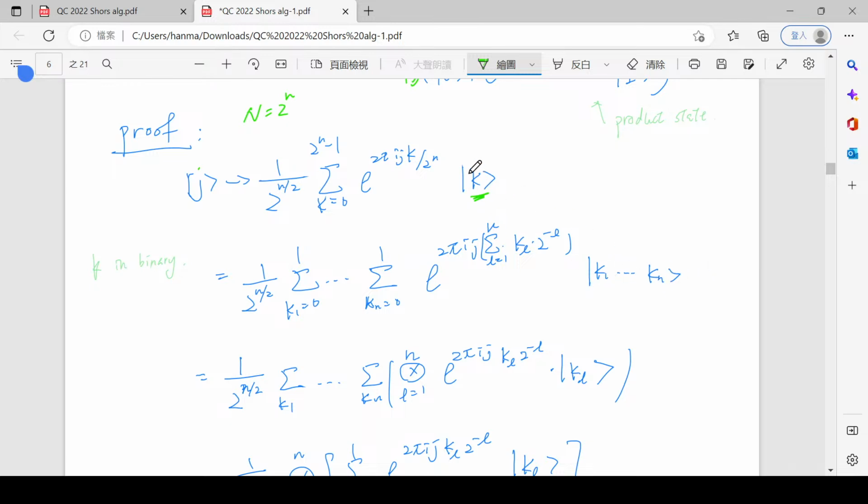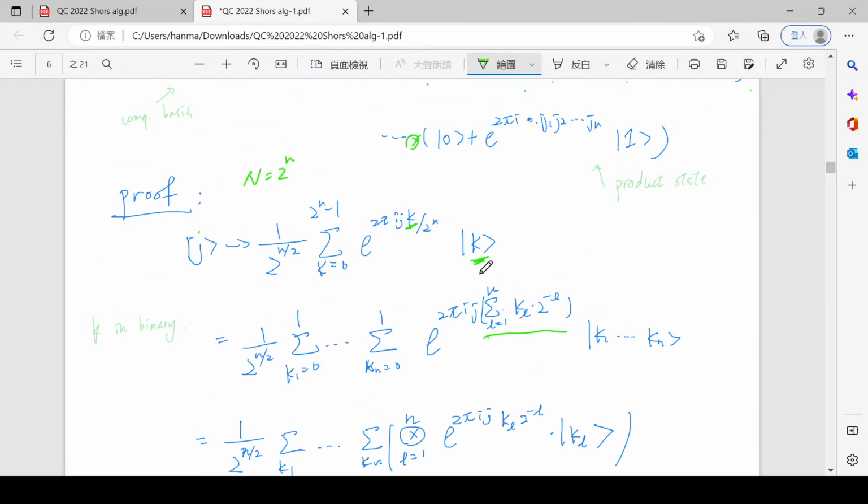And so the summation k from 0 to 2 to the n minus 1 is just summation k1 from 0 to 1, k2 from 0 to 1, all the way to kn from 0 to 1. Okay, so nothing really happened here. And here we also write this k in binary. And in binary it should be like this, right?